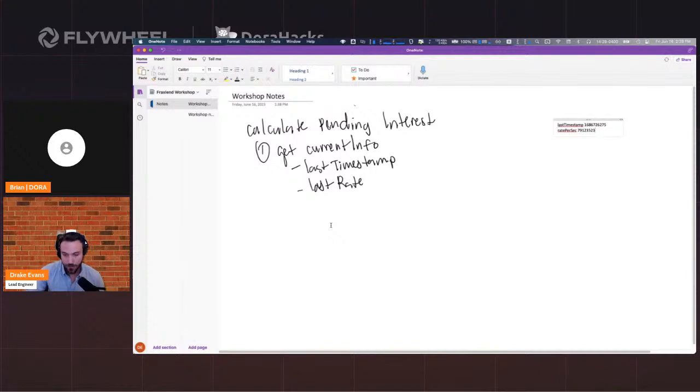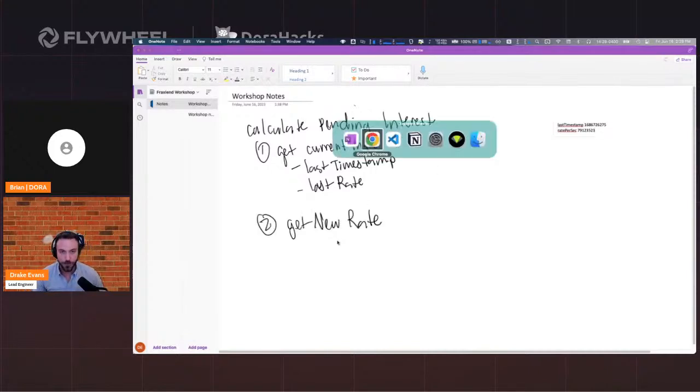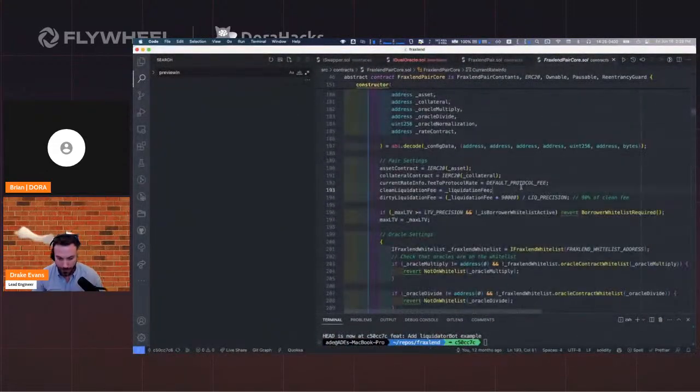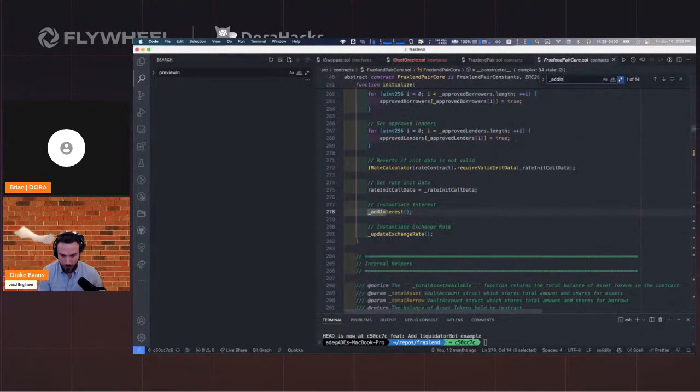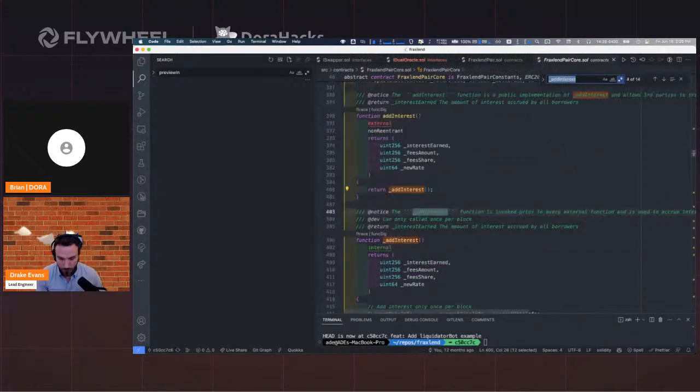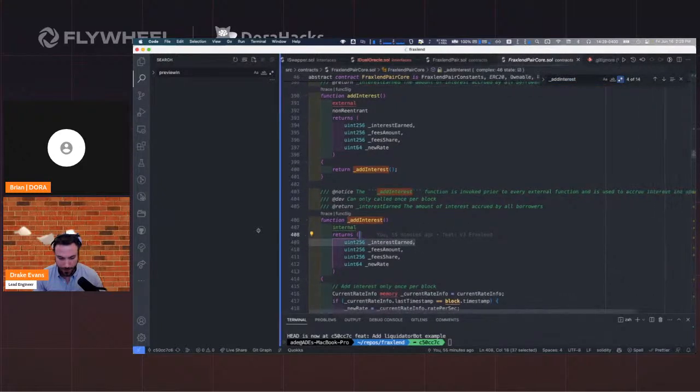Because the interest rate is applied, let's see, here, great. So if we go back down here to add interest, we will see that, of course, my language server just crashed, so I'll have to do it the old way.